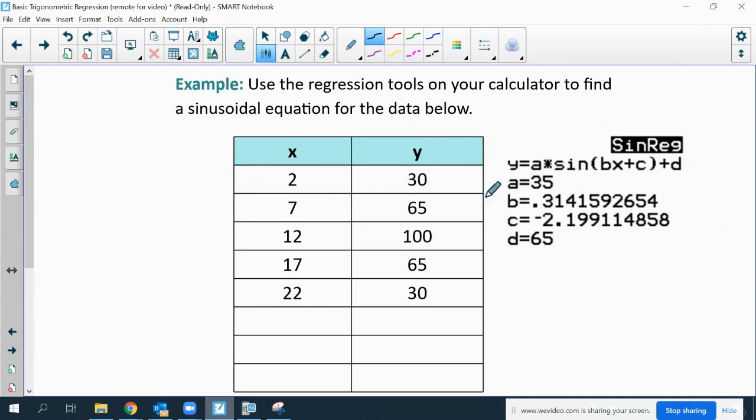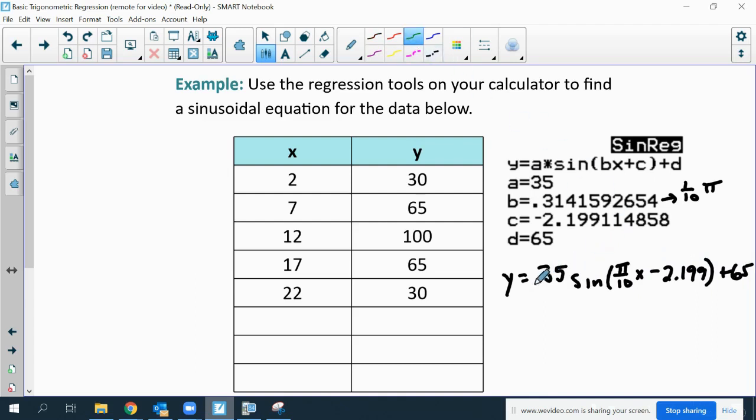So I can write this: y equals 35 sine of 0.31415. That looks a whole lot like 1/10 pi. So pi over 10 x minus 2.199 plus 65.